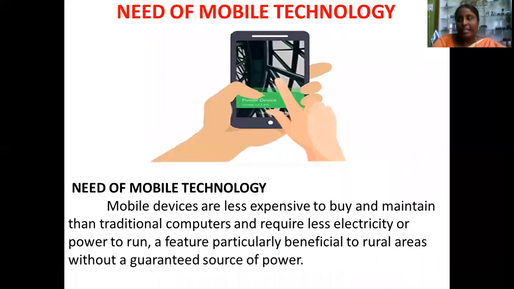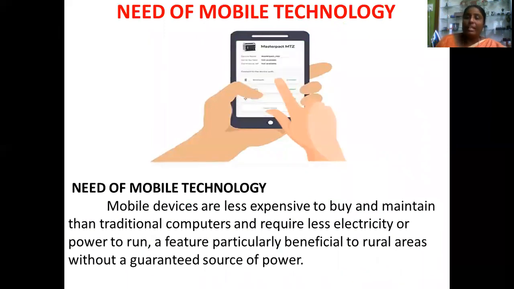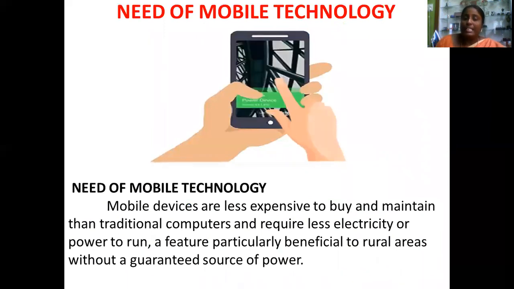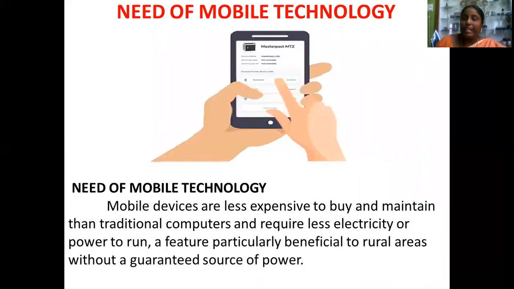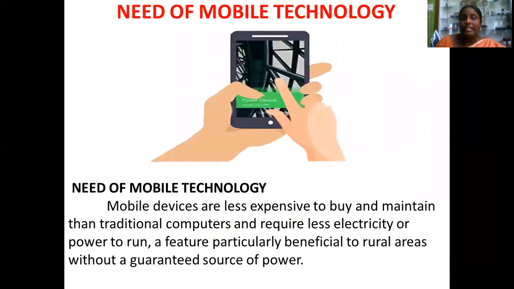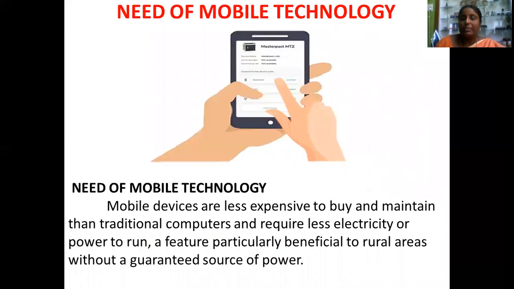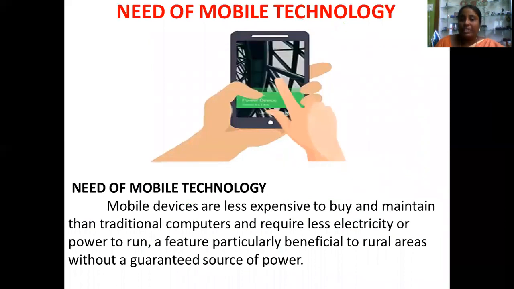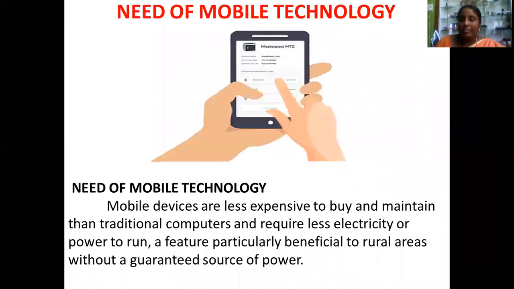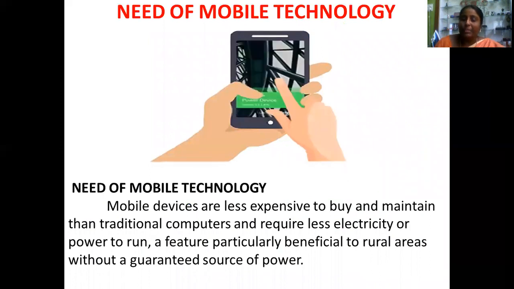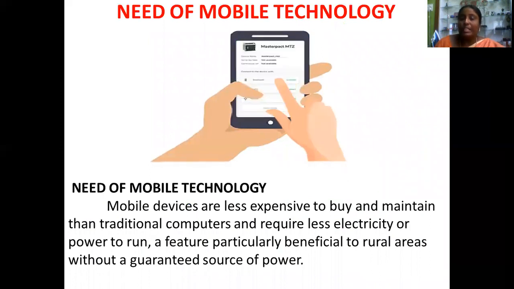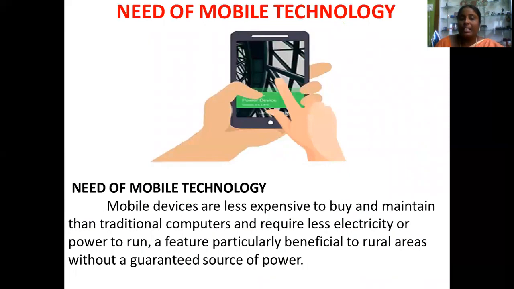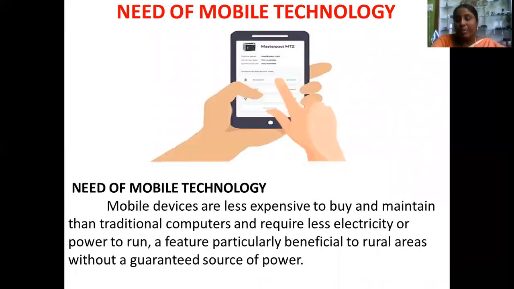Need of mobile technology. Mobile devices are less expensive to buy and maintain than traditional computers and require less electricity or power to run, a feature particularly beneficial to rural areas without a guaranteed source of power.